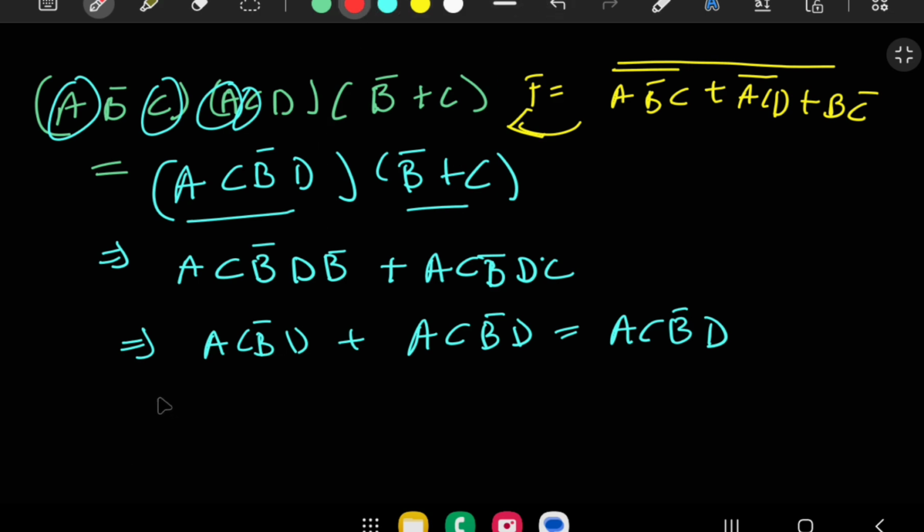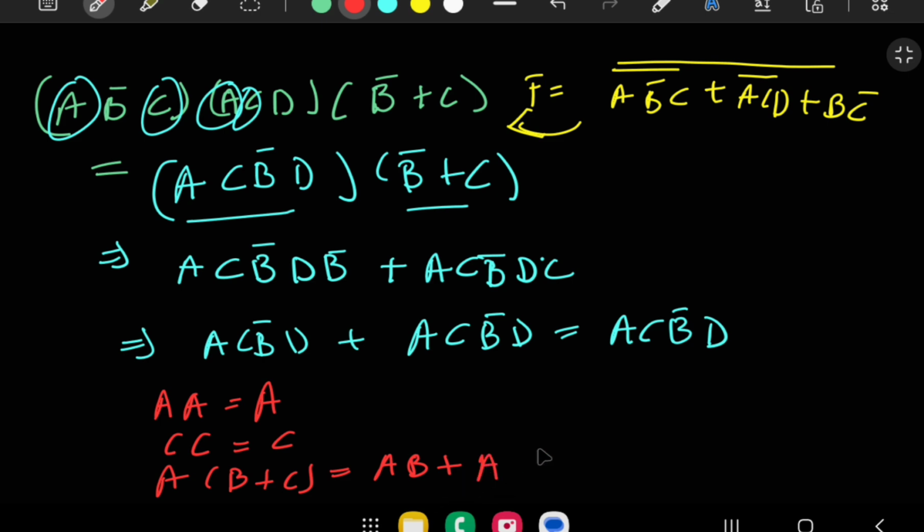Now we know AA equals A, CC equals C, A(B plus C) equals AB plus AC. Right. So now tell me what is the complement of this one.